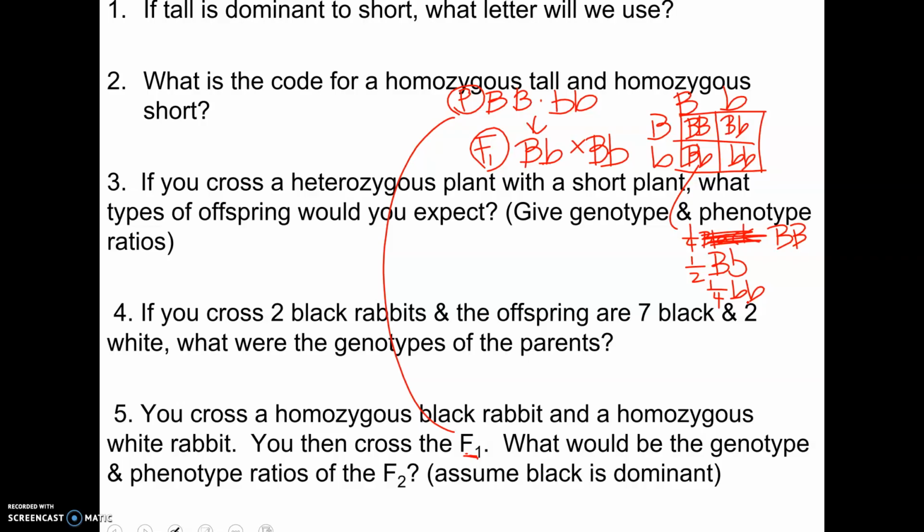The phenotype ratio is going to be, this is our F2 in here, sorry, I meant to say that. Our phenotype ratio is what they're going to look like. So this is going to be 3/4 black, or 75%, 1/4 white, or 25%, or a 3 to 1 ratio, 3 black to 1 white out of a total of 4 offspring. So that's how you do these problems.